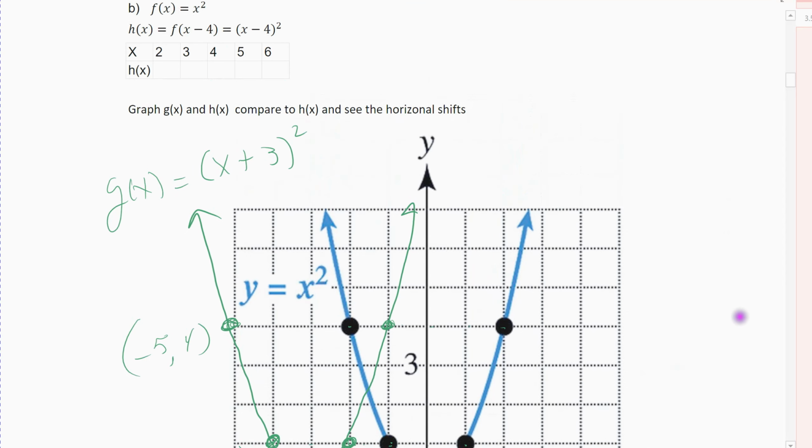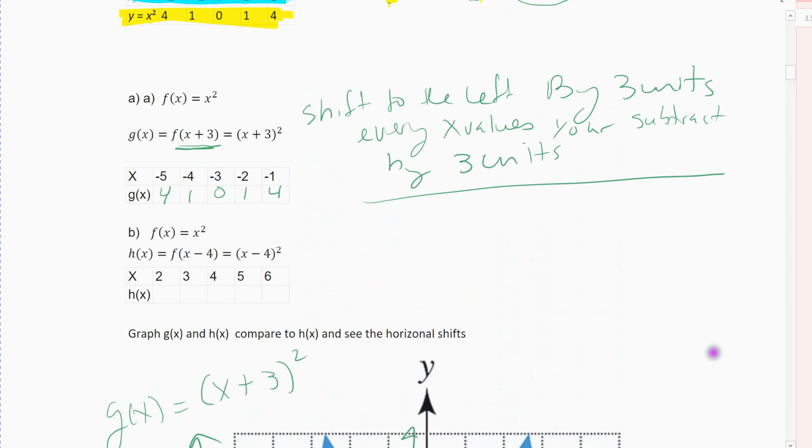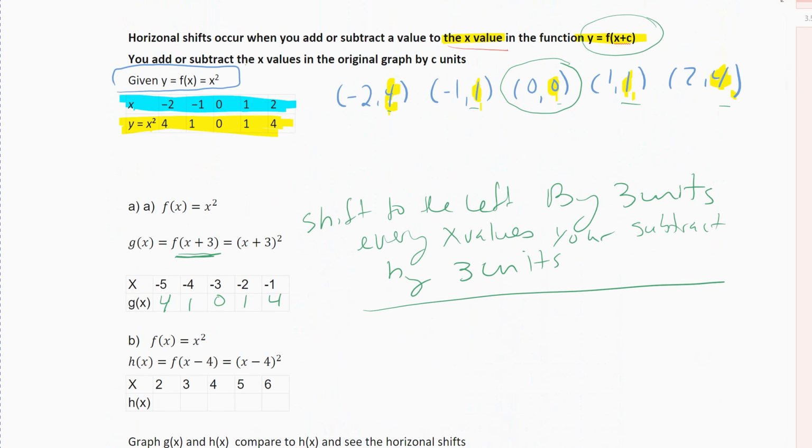Well, something similar happens when we subtract, alright? So now the subtraction case. Alright, so f of x was my original. Now we're subtracting by 4 inside. And so in this case, everything's going to shift to the right by 4 units.